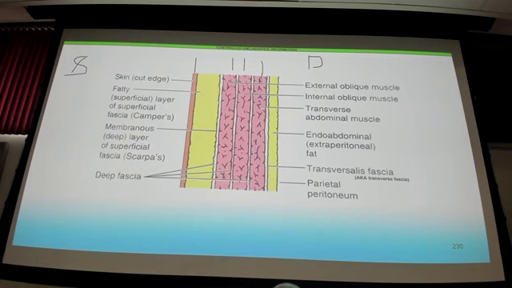Out here is what's called the superficial fatty layer, but somebody took credit for it, and it's Camper's fascia. And then deeper, in between the different layers, the deeper fascia is called Scarpa's fascia. Why is that? I do not know. It's Scarpa's fascia because that's who dissected it out and named it.